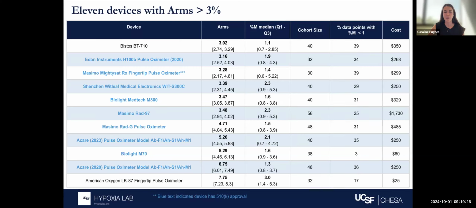We noticed that when we were looking at different ways to break down our cohorts, if you took out the subjects that tested the Masimo MightySat on their thumb and only looked at the subjects where it was tested on other fingers, the ARMS actually went down from 3.28% to 2.44%, indicating that it would be an ARMS less than 3% if you only looked at when the device was not tested on the thumb. So we wanted to also note that as you break down the cohort in different ways, we were noticing for some devices, particularly with the Masimo MightySat, the ARMS did change. Next slide, please.